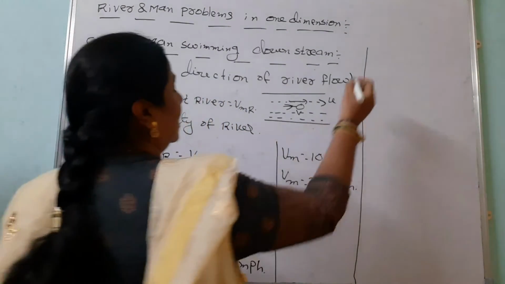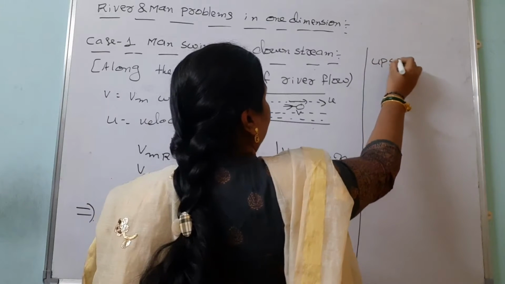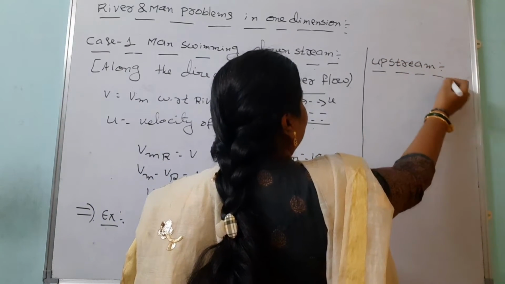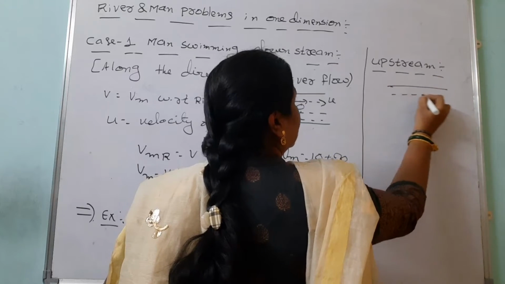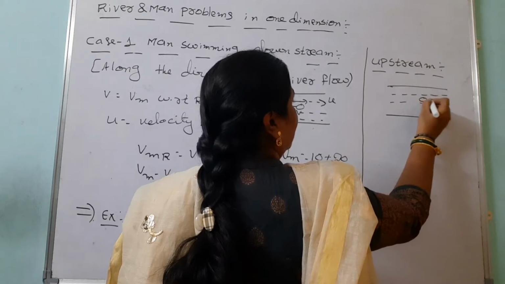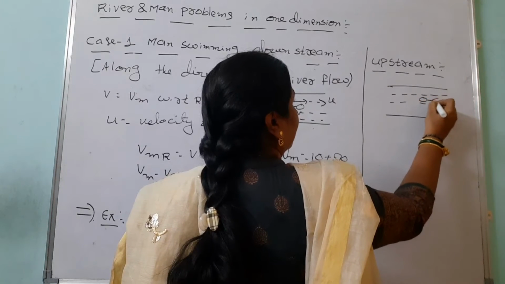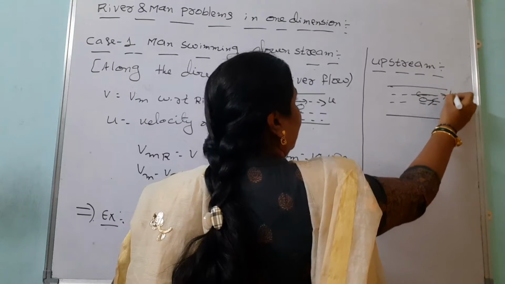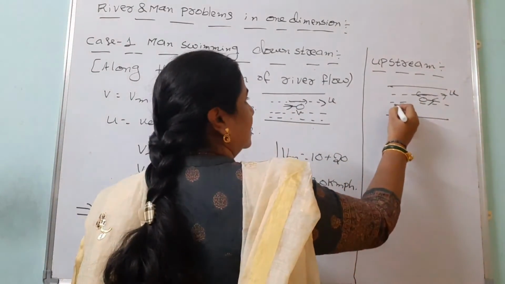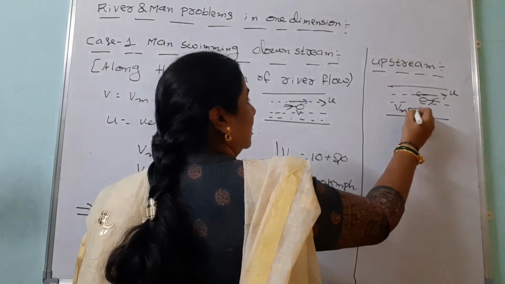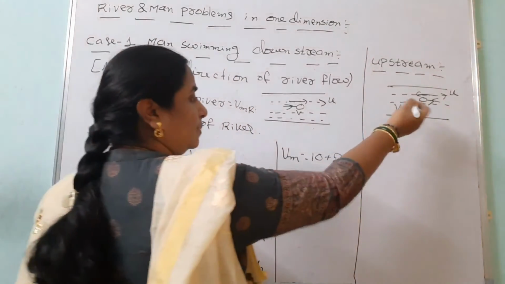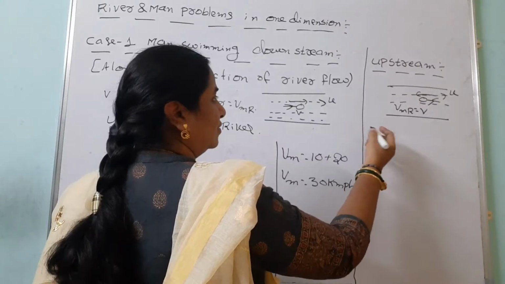Then one more case. Second case is the upstream. In the case of upstream, the man is swimming opposite to the river. The man is swimming like this. This is the velocity of the river, represented with small u, and this is the velocity of man with respect to river, V. Here the angle between them is theta equals 180 degrees.